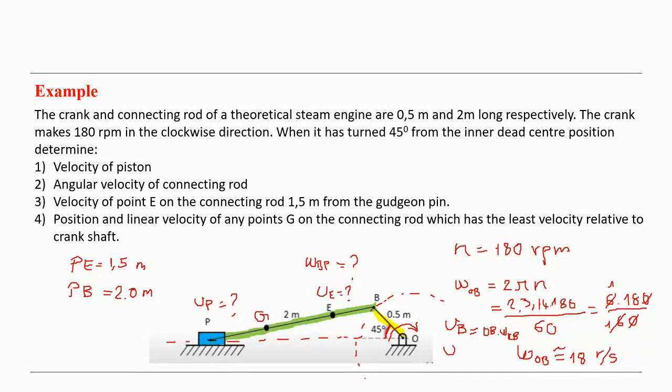OB is 0.5 times 18, nearly, and this is equal to 9 meters per second. So we know the linear speed of the point B.